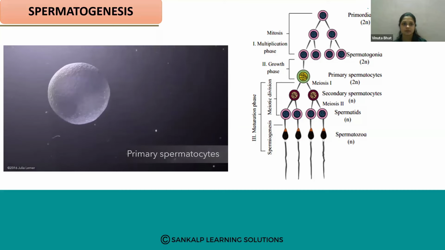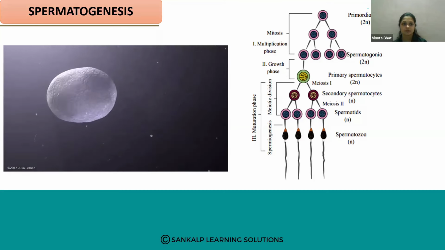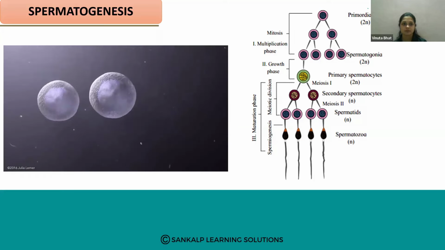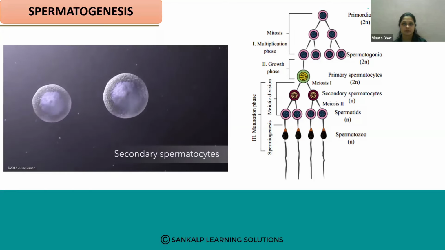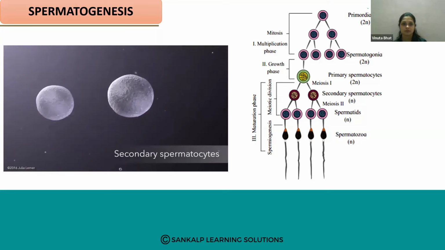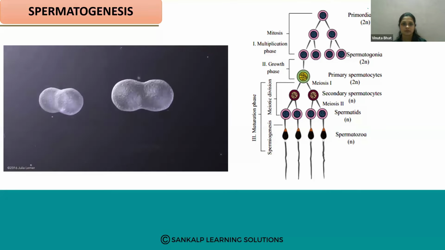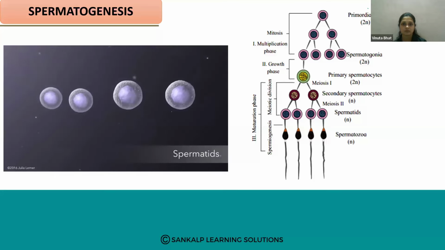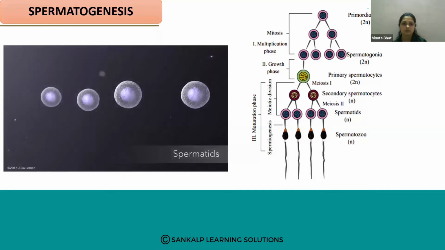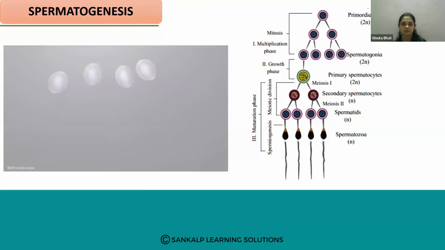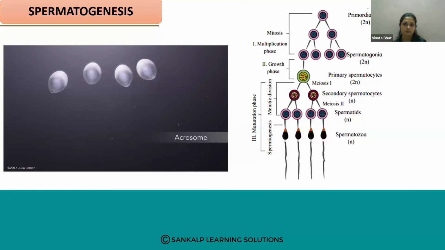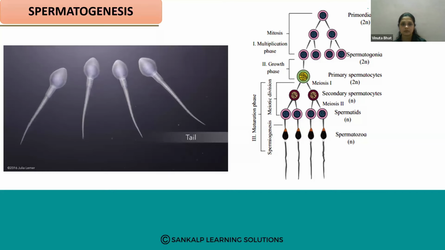Each primary spermatocyte undergoes a first meiotic division, forming two smaller haploid cells known as secondary spermatocytes. These divide once more, giving rise to four haploid cells called spermatids, containing exactly half of the father's genetic material. Through a process known as spermiogenesis, the spermatids change shape, transforming into mature sperm cells. The spermatid's nucleus condenses, the acrosome appears, and the tail begins to grow. Much of the cytoplasm is shed.